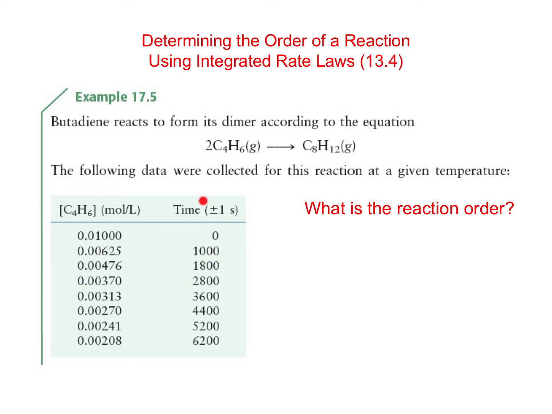And so for this reaction, the way this problem is set up, we don't know what the order of the reaction is, but we've collected data on how the concentration of the reactant depends on time. So if we want to know the order, we want to make 3 plots. We want to plot the concentration versus time to see if it's a 0th order reaction.